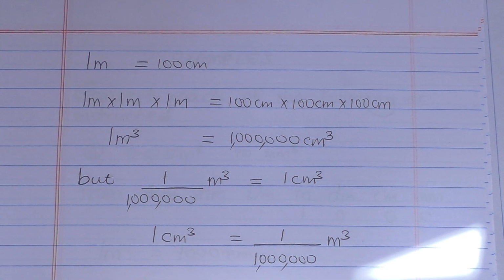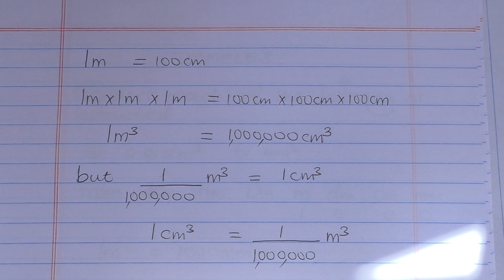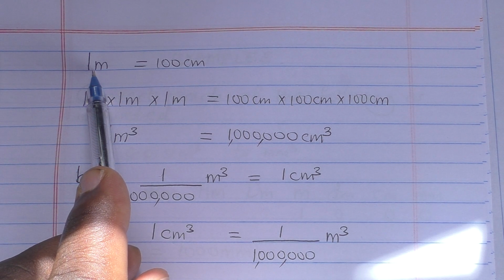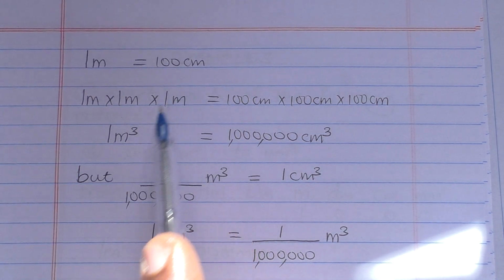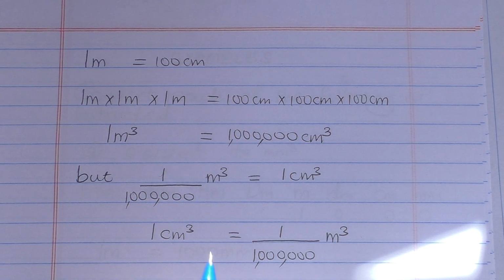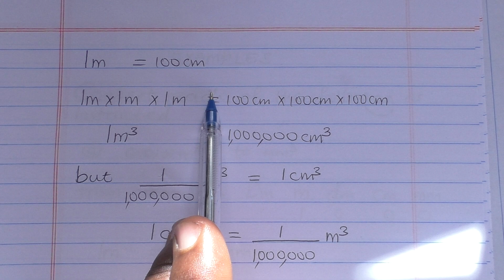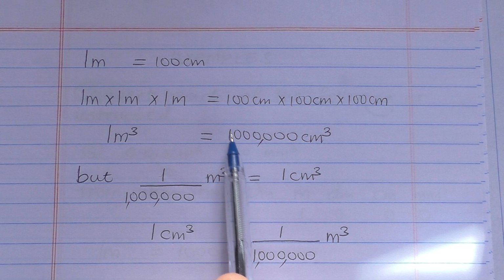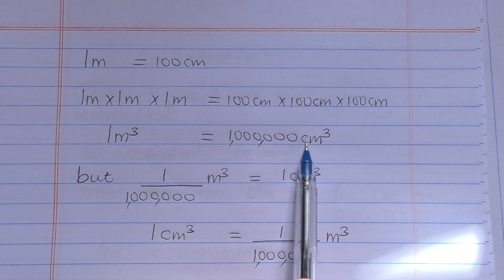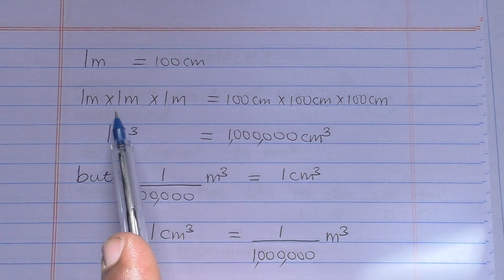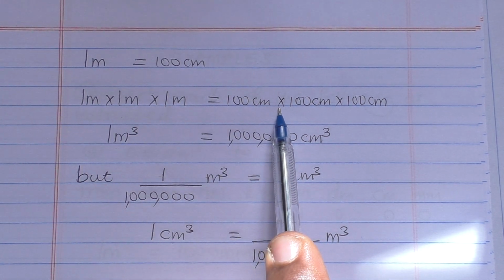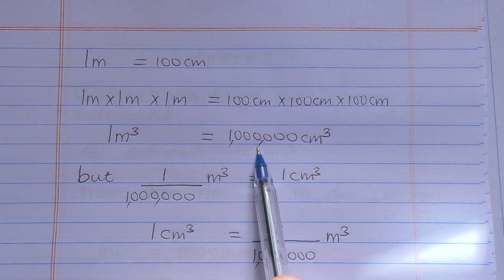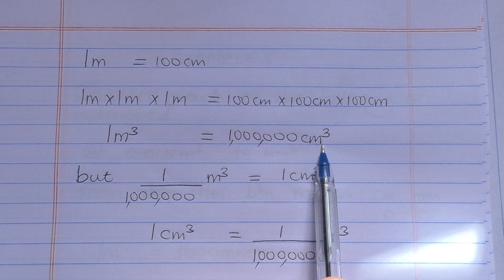When converting from meter cubed to centimeter cubed, we shall first of all get the equivalence of 1 meter in terms of centimeters. So 1 meter is equivalent to 100 centimeters, meaning that 1 meter cubed will be equivalent to 1 million cubic centimeters, because we cube both sides by multiplying 3 times. So that gets us 1 cubic meter equaling 1 million cubic centimeters.